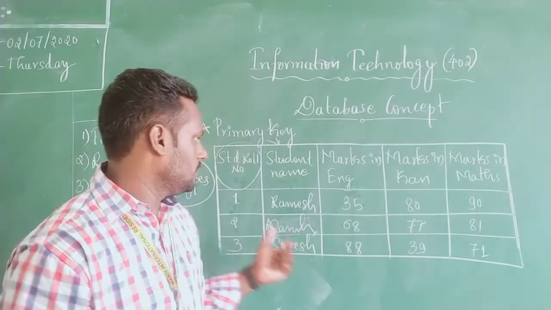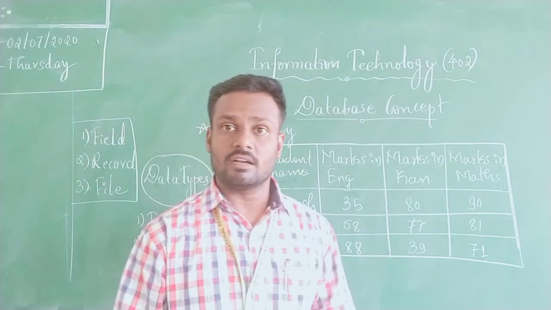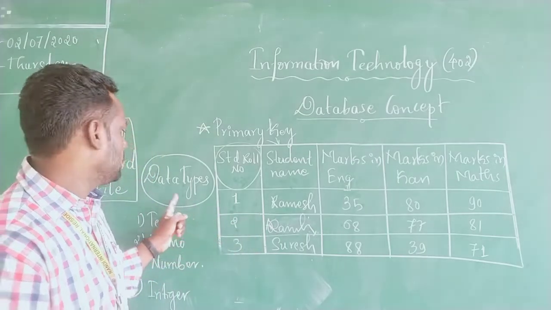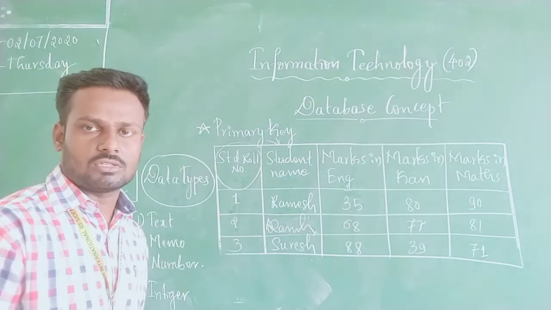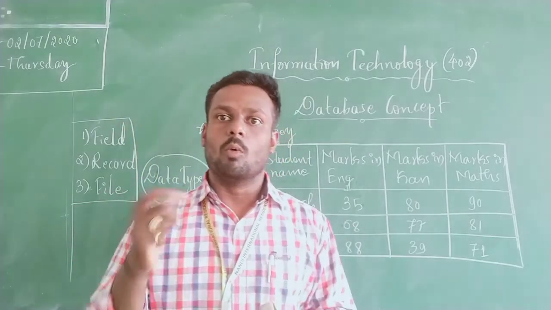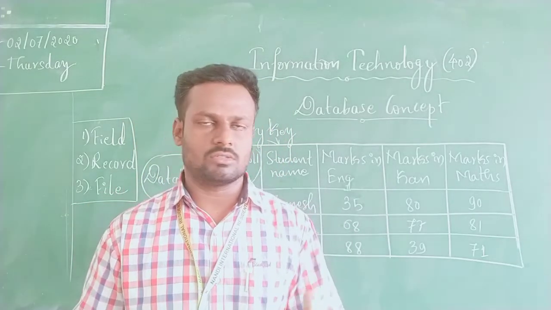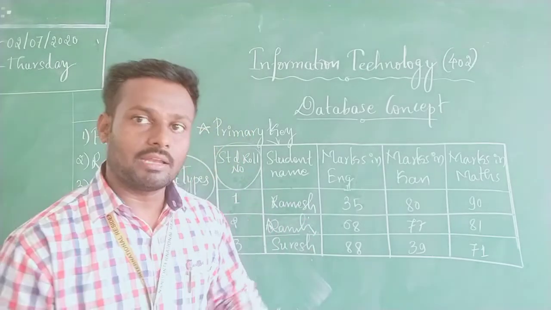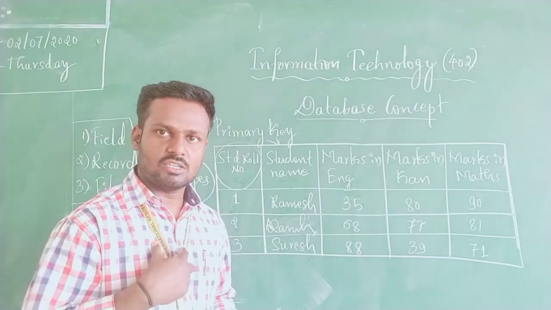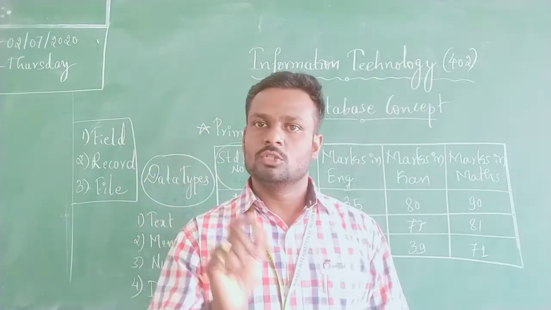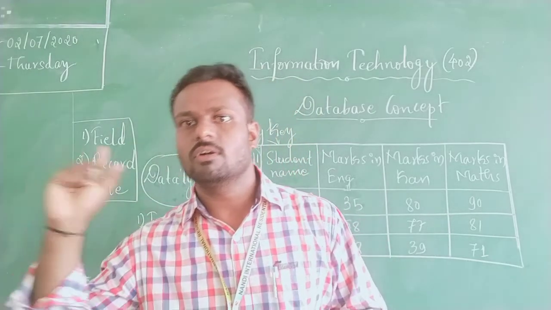Before that, here we have some data types. One more very important concept, that is data types. Data types means, after creating the table, what type of data you can insert, right? What type of data you may insert. So while creating the table, as a user, I have to define that this particular column should take only this type of data.